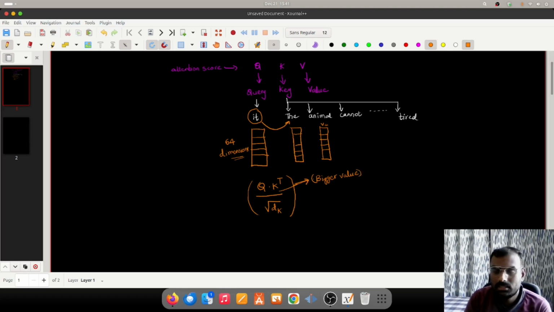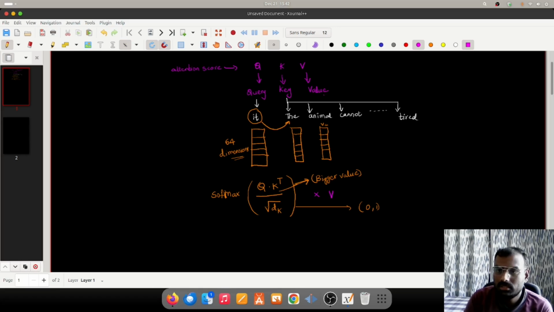So to normalize it to a lower value, we are dividing by the square root of the number of dimensions present in the keys. And after doing this, we will calculate a probability value using the softmax function. This will give a value in the range of 0 to 1. So after calculating the probability, we will do the multiplication with the value vector.